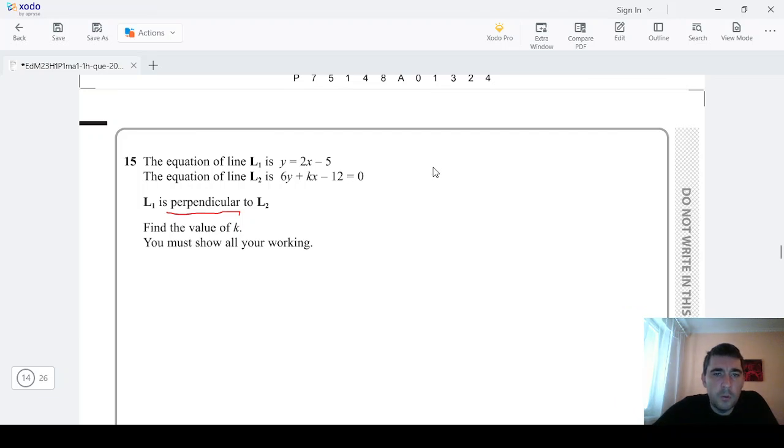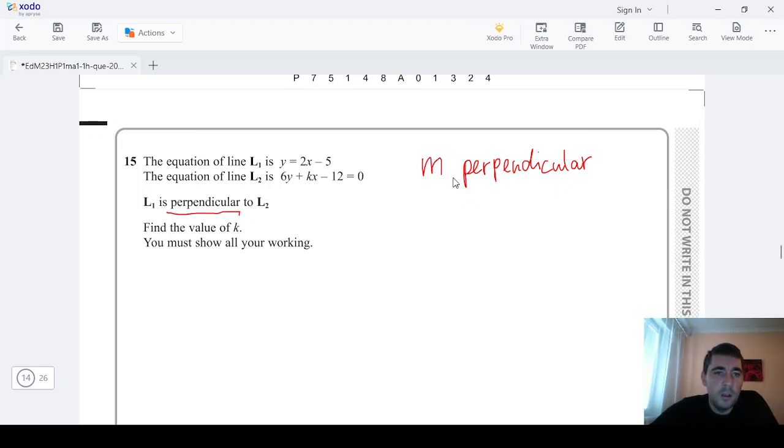If the gradient is the negative reciprocal, so perpendicular to gradient m, to get the perpendicular gradient we need to flip the gradient upside down and make it negative.